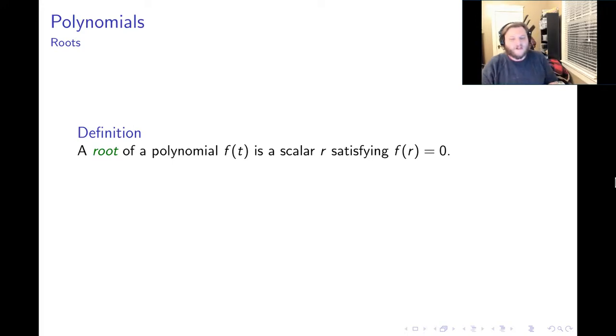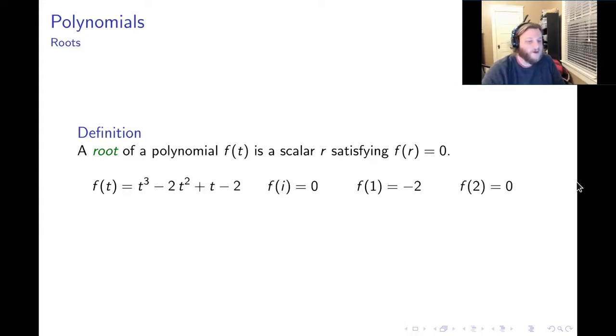Now, when people study polynomials, they often care about the roots of the polynomial. So a root of a polynomial is a scalar r that you can plug into the polynomial to produce the number 0. So here we have an example of a cubic, t cubed minus 2t squared plus t minus 2. Well, when I plug in the number i into this polynomial, the output is equal to 0.